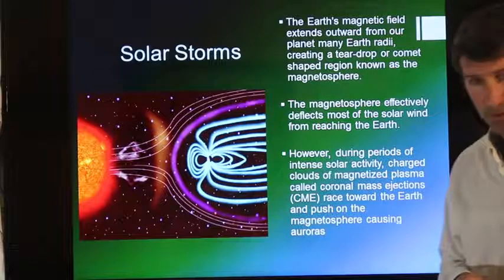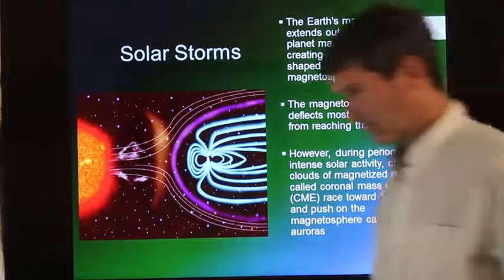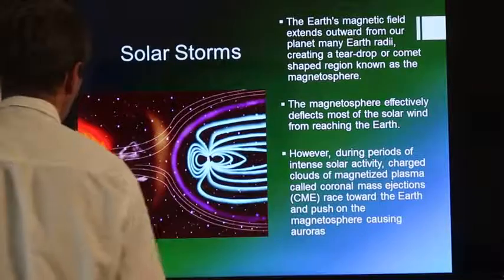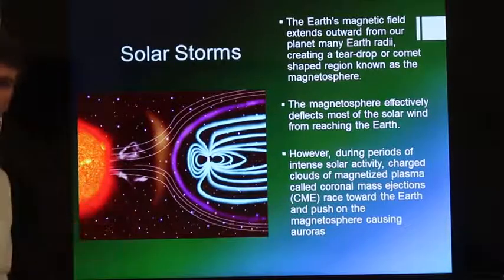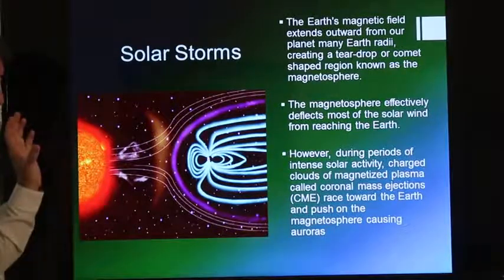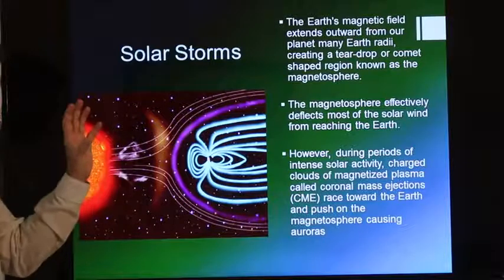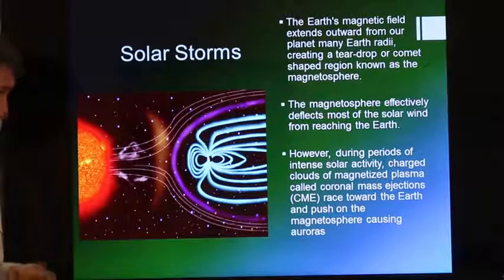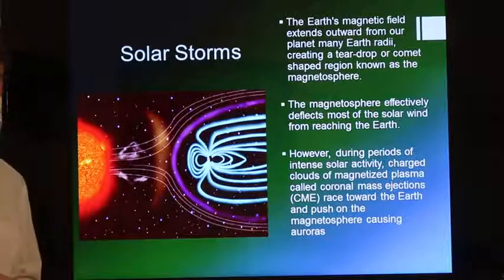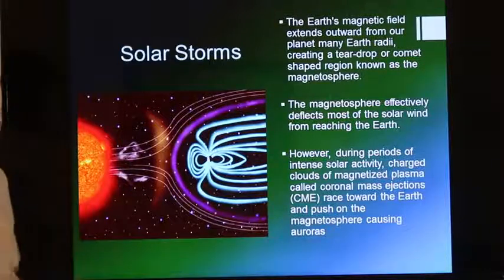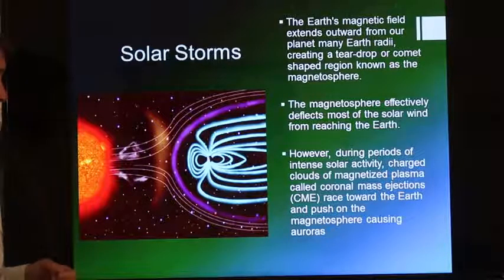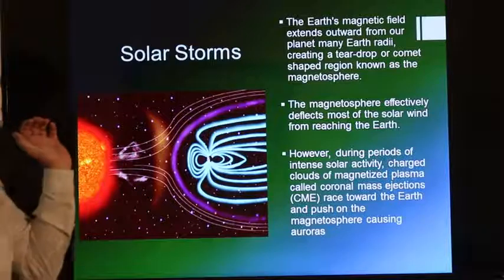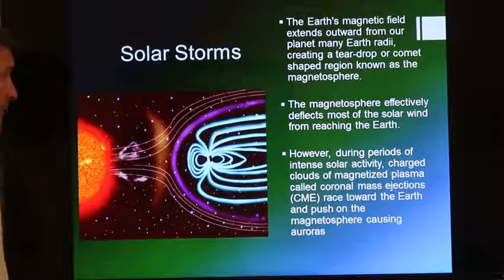Again, solar storms are typically magnetic clouds of plasma. They travel toward the Earth, they disrupt the Earth's magnetic field, squeeze any trapped particles in there, causing the magnetic field lines to change and opening up a window for charged particles to reach our atmosphere.